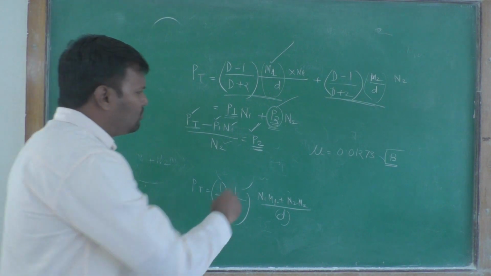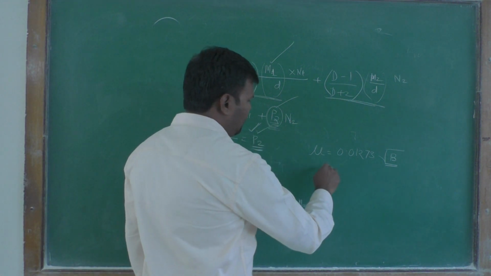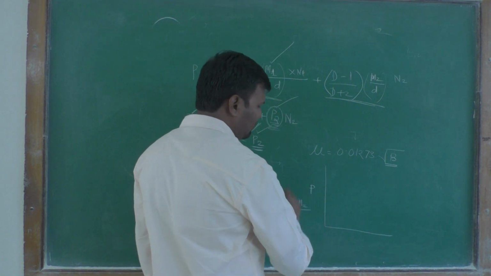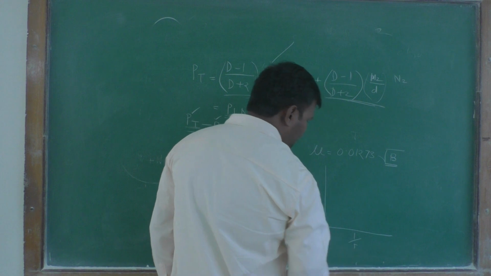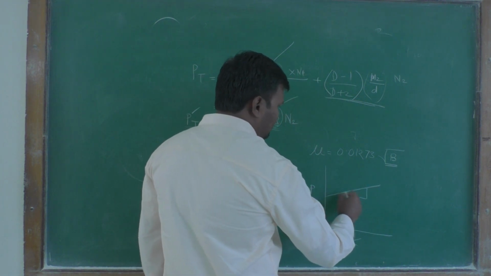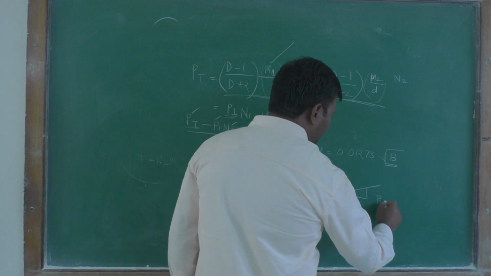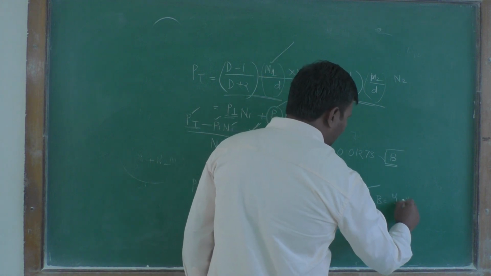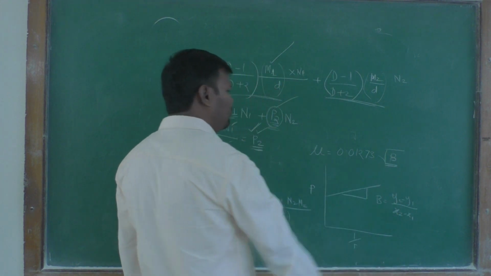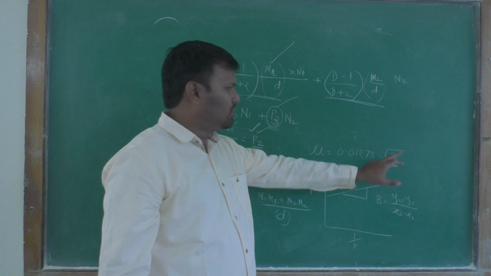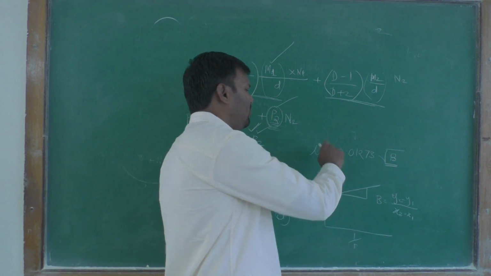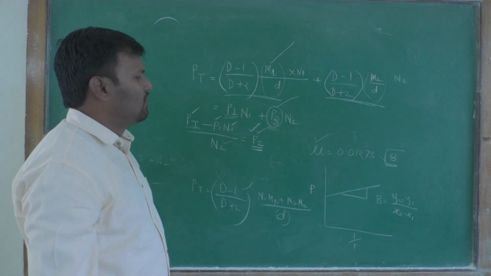The P2 values we have found out for the different temperatures. Then you plot against 1 upon T, and you again obtain the slope, and from that slope you obtain b, which is equal to (y2 minus y1) upon (x2 minus x1). By putting this value in this equation, you can find out the dipole moment for the solid substances.